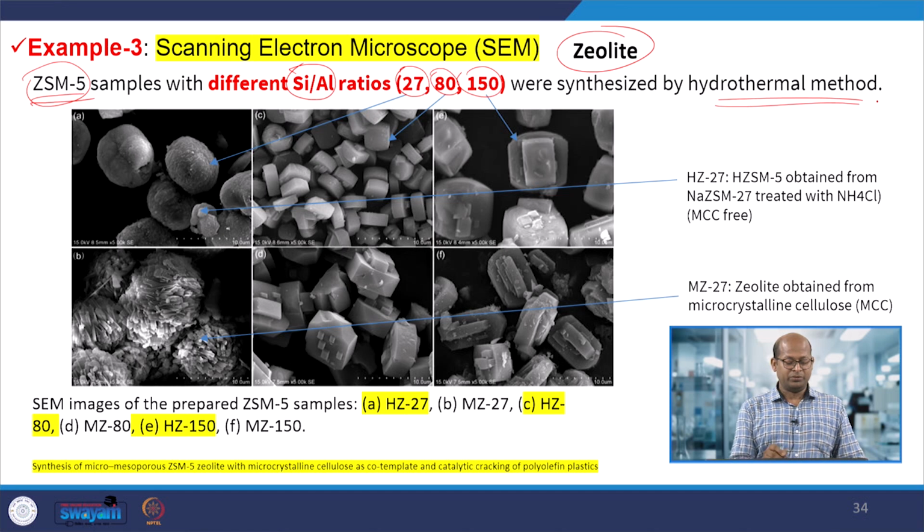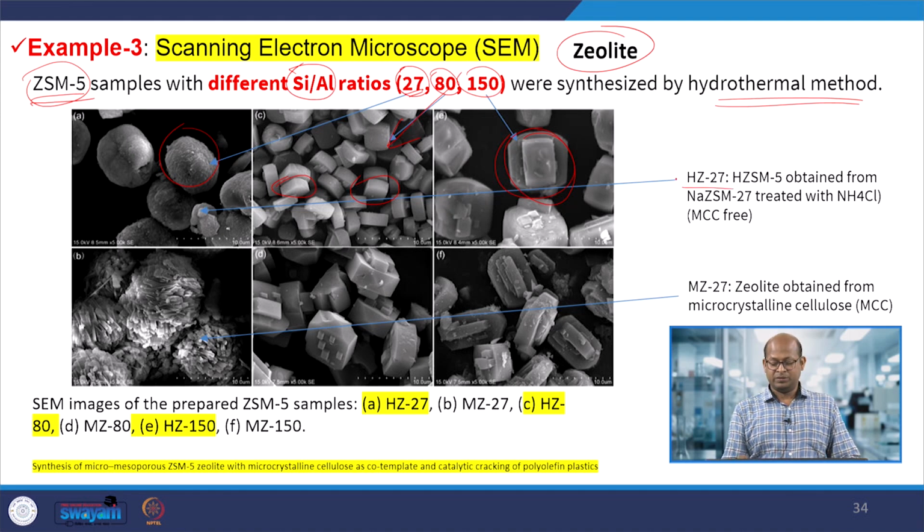When the silica alumina ratio was kept at 27, the image is like this: the material prepared has a spherical structure. When the ratio was 80, the morphology is rectangular block type material. When it is 150, the dimension is much bigger, with larger particle-type structure formations.